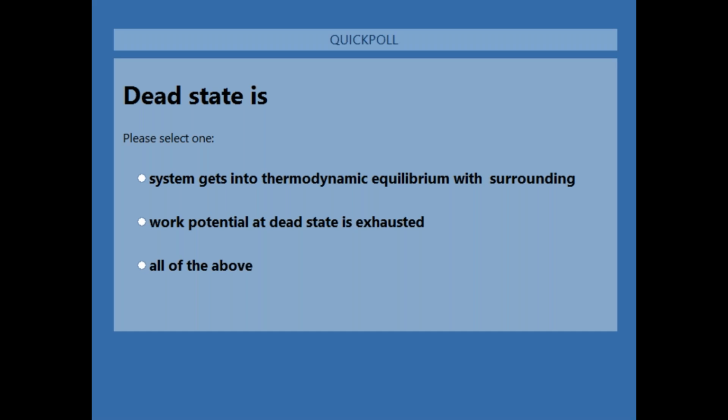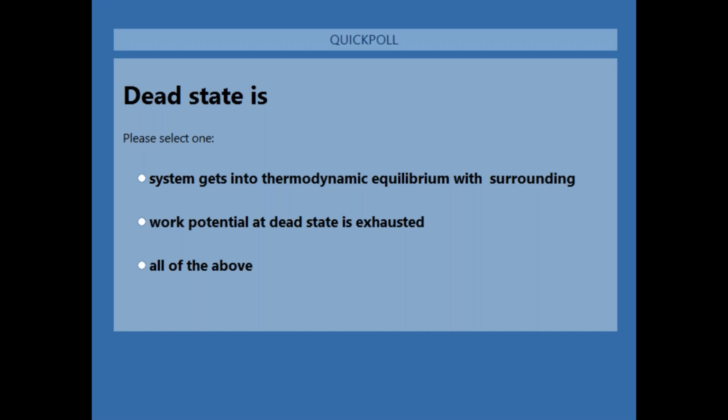The system has to reach the state of the environment. So in exergy, we define a concept called dead state, meaning that once the system reaches this state, whatever you do, it is no longer possible to extract work out of the system. So we say that the system is now dead. In a way, the work potential is exhausted. And why has that happened? Because the system is now in thermodynamic equilibrium with the surroundings.